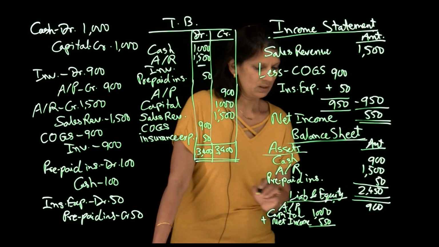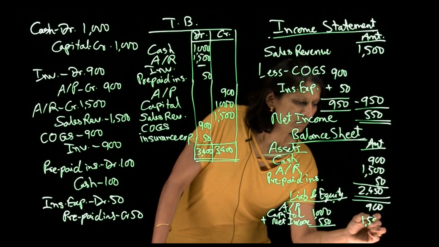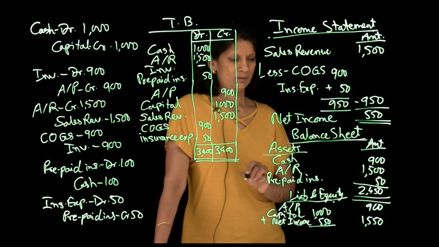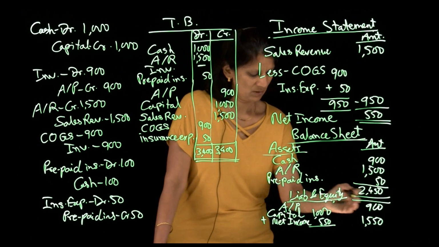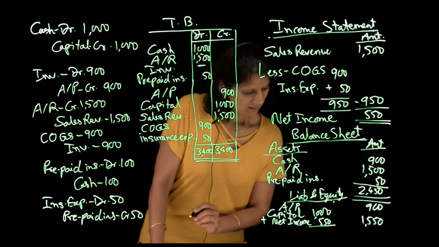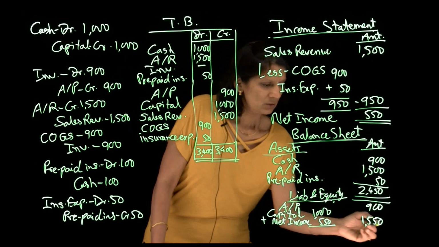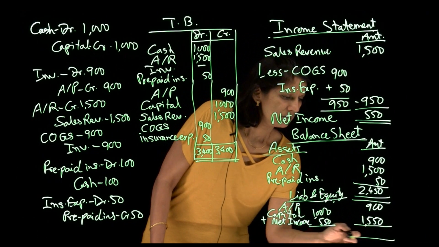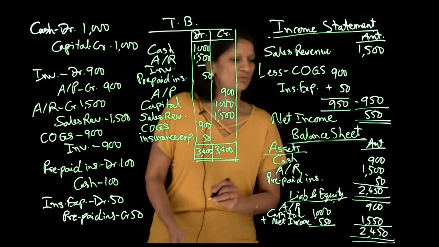So as far as the owner of the business is concerned, the business owes that money back to the owner. And that's why it is a part of liabilities and equity. So these are my liabilities and equity. When I make a total of it, it is going to be again 2,450.